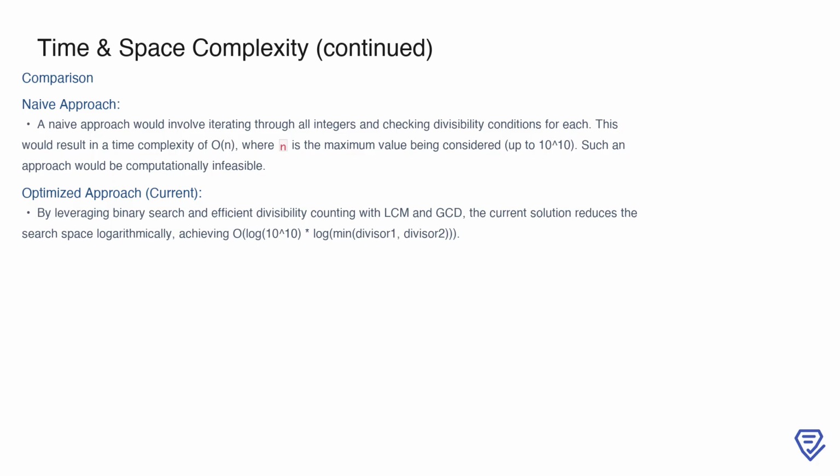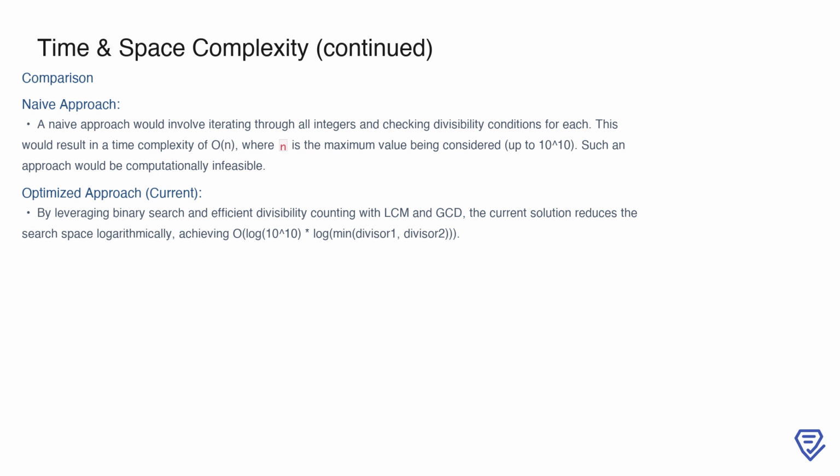When comparing the optimized approach to a naive one, the difference in efficiency becomes clear. A naive approach would involve iterating through all integers up to the maximum value, checking the divisibility conditions for each number. This would result in a time complexity of n, where n is as large as 10 to the power of 10. Such a method is computationally infeasible for large inputs due to the sheer number of iterations.